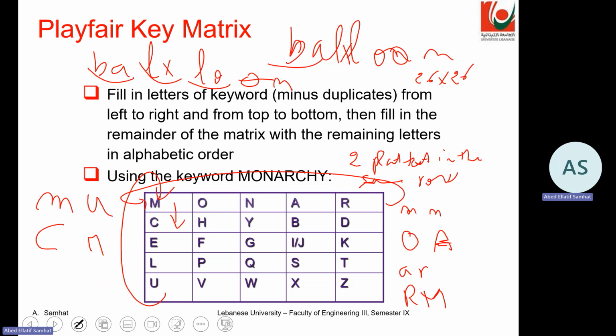It's better than the monoalphabetic cipher, but it's also possible to use relative frequency, but instead of the relative frequency of one letter, we use the relative frequencies of two letters, and it's possible to break it.